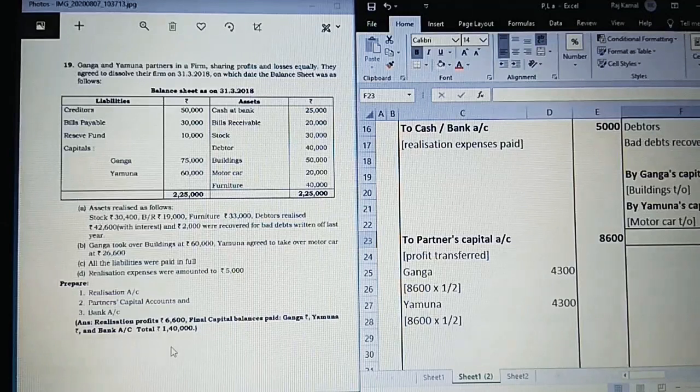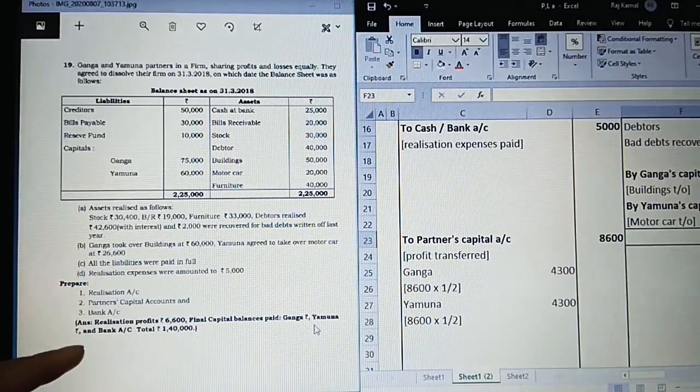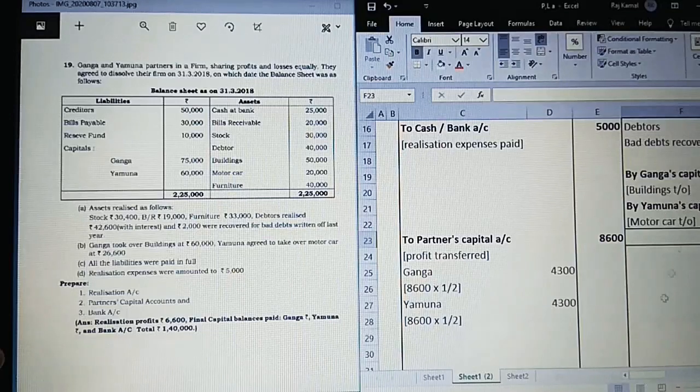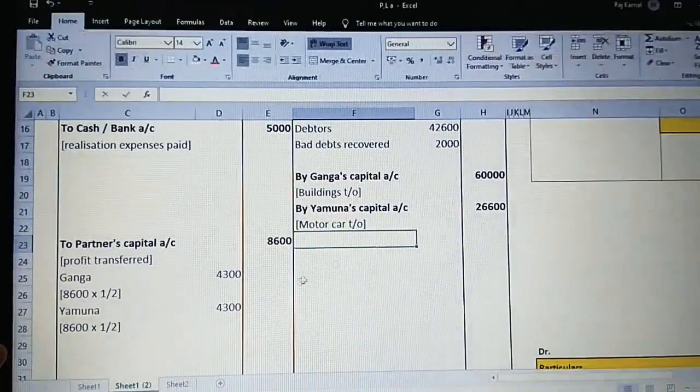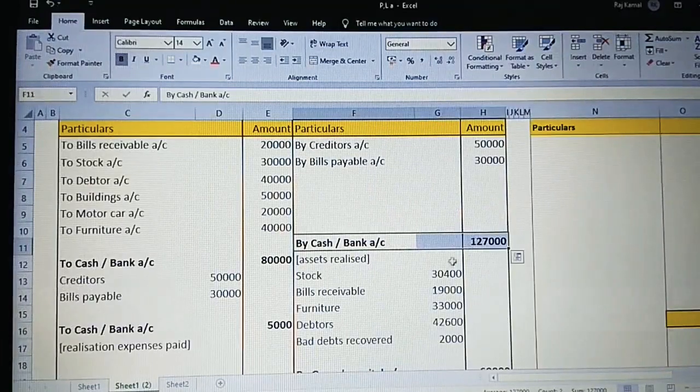In this particular question, the printout, the complete printed Xerox, the answer is wrong. So we need not concentrate on that. You can't find the values of capital balances for the partner. So let us just concentrate on how we are following the steps now, right? So let me highlight.